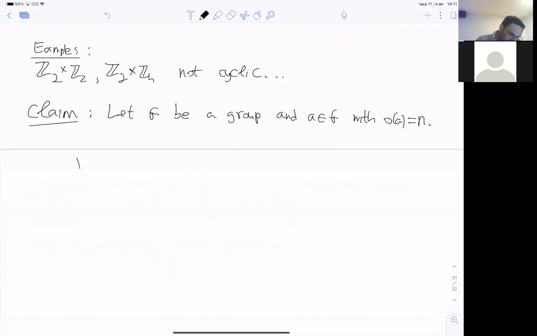Then I claim that for any d smaller or equal to n, the order of a to the power of d is equal to n divided by the GCD of n and d. Okay.